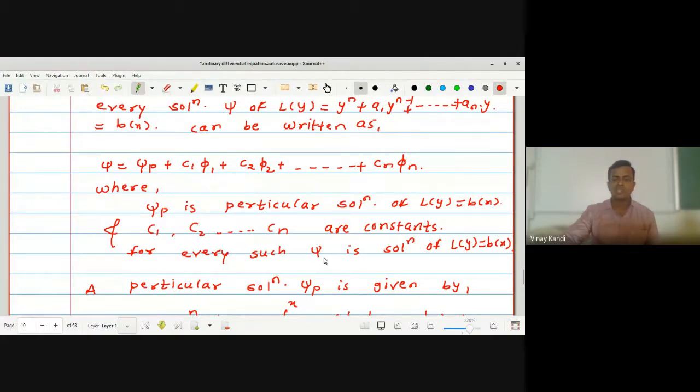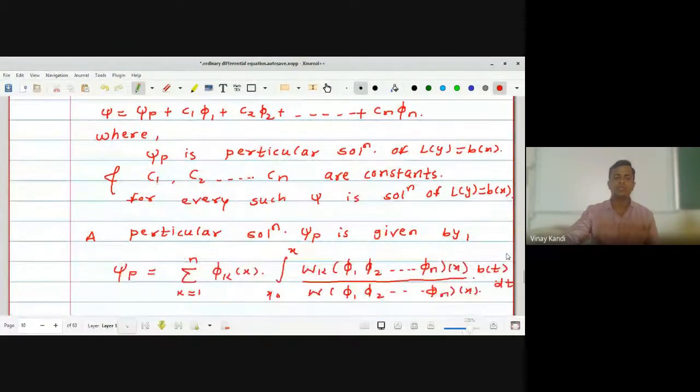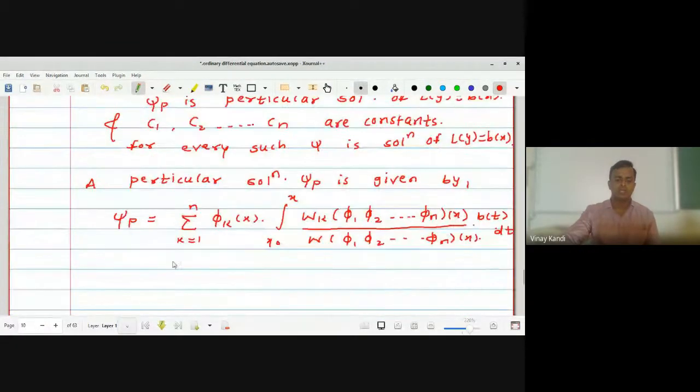Every such psi is a solution of L of y is equal to b of x, and the particular solution is given by summation k is equal to 1 to n phi k of x into integration x naught to x wk of phi 1 phi 2 up to phi n upon Wronskian of phi 1 phi 2 up to phi n into b of t into dt.